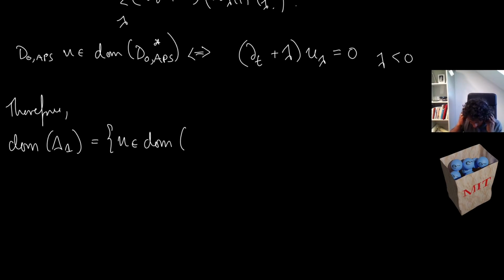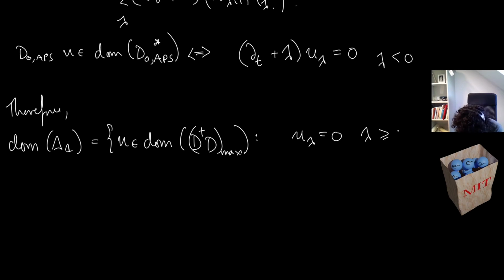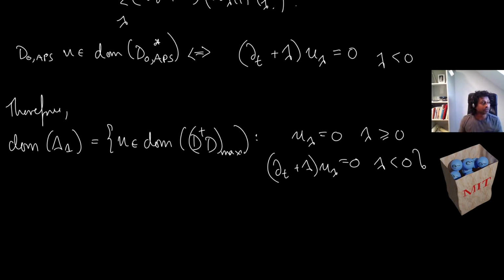In general, we're going to be in the maximal domain of this operator, such that u lambda equals 0 when lambda is positive, and dt plus lambda applied to u lambda equals 0 when lambda is negative. Okay, that's the domain of my operator.